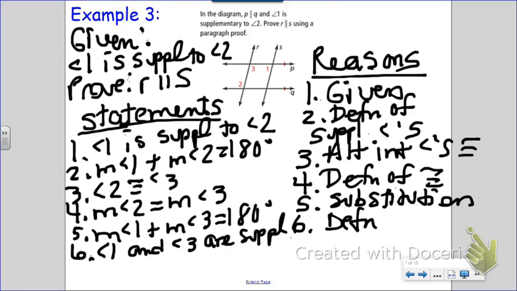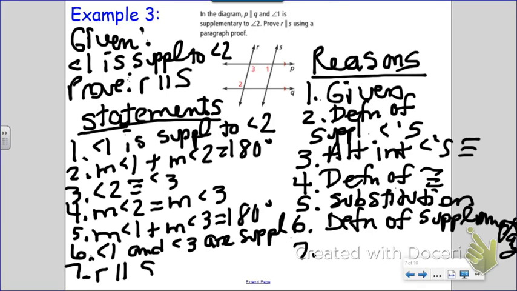The sum of the two angles equals 180 is the definition. That's how we defined it. So then we're to our last step. R is parallel to S. And we know R is parallel to S because if angles 1 and 3 are supplementary, those are consecutive interior angles, so that would be the consecutive interior angles converse.